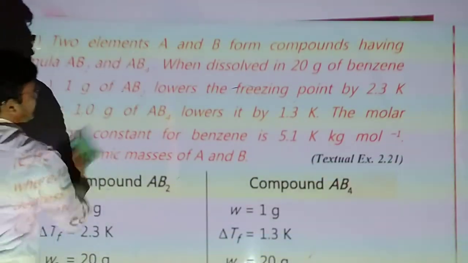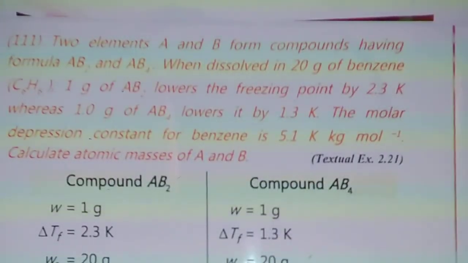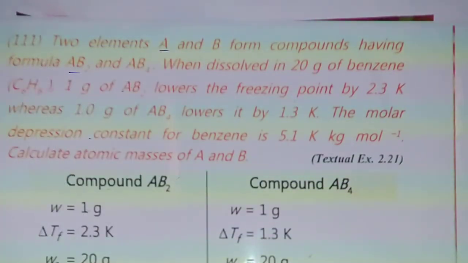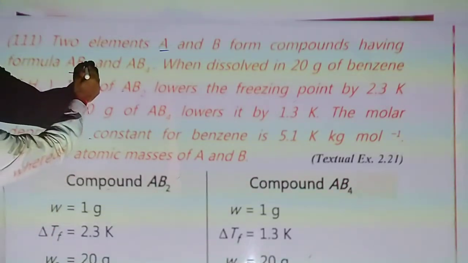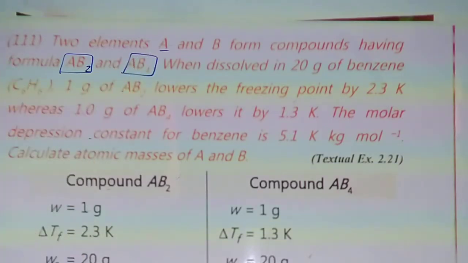Now another important question, textbook question 2.21. Two elements A and B form compounds having formulas AB2 and AB4.